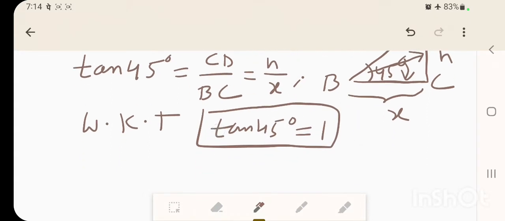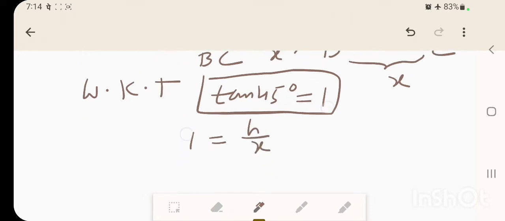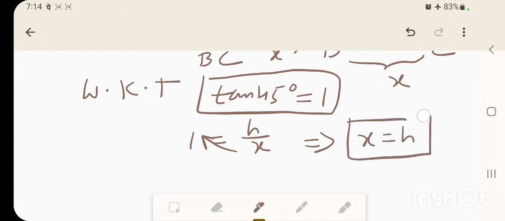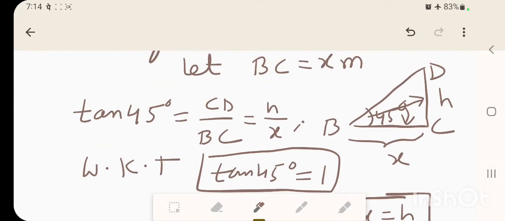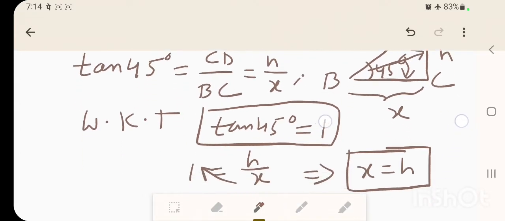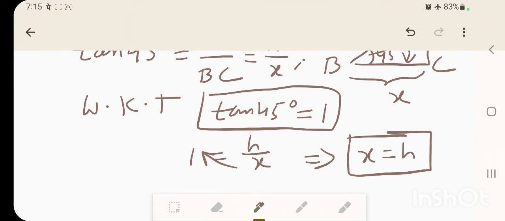So if you replace the LHS tan 45 with 1, 1 is equal to H by X. Now if you do the cross multiplication, we get X equal to H. That means the distance between the position B and the palm tree is equal to the height above the person's height, that is H. Both are equal.